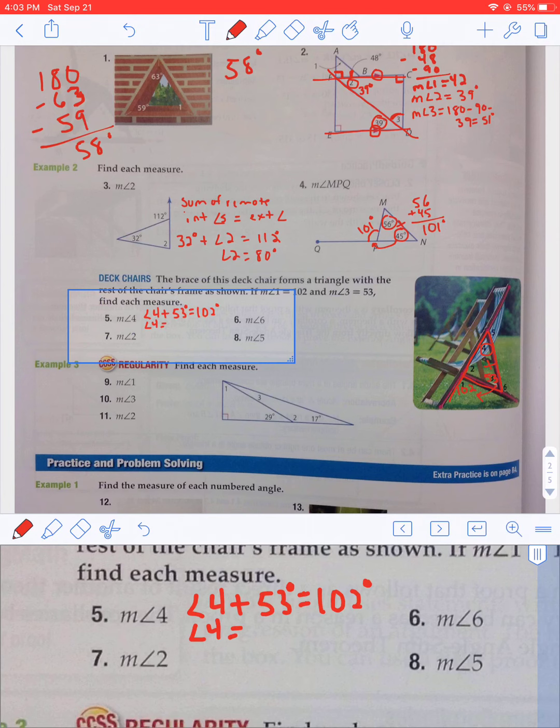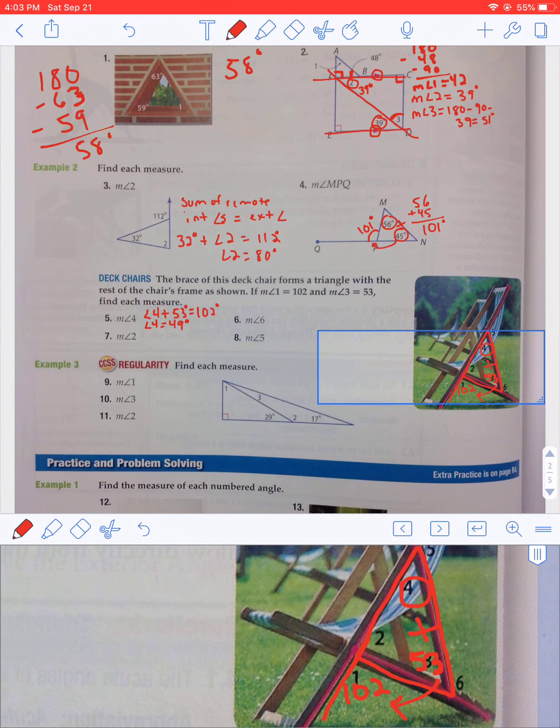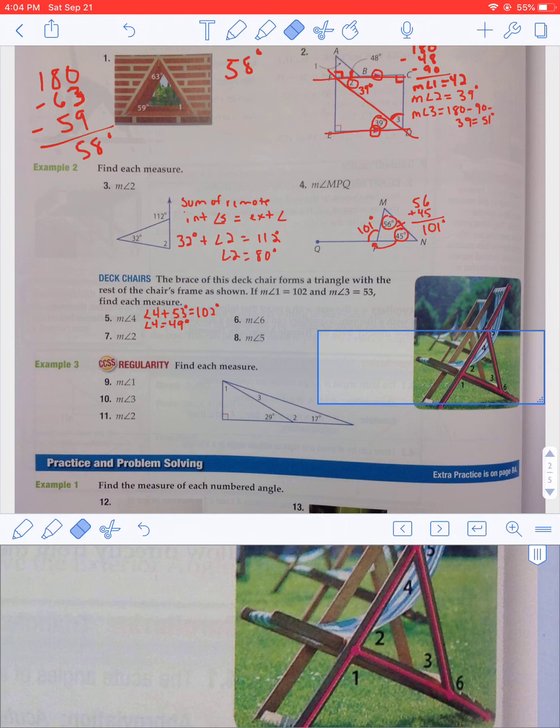to 49 degrees. Just a reminder, please pause this video in between and try to work ahead of me on your own. And then of course if you get stuck, come over here, but that's really going to be your best bet to understanding, if you actually struggle a little bit and figure out where your problem areas are, and then I can help you right away because you're already working.